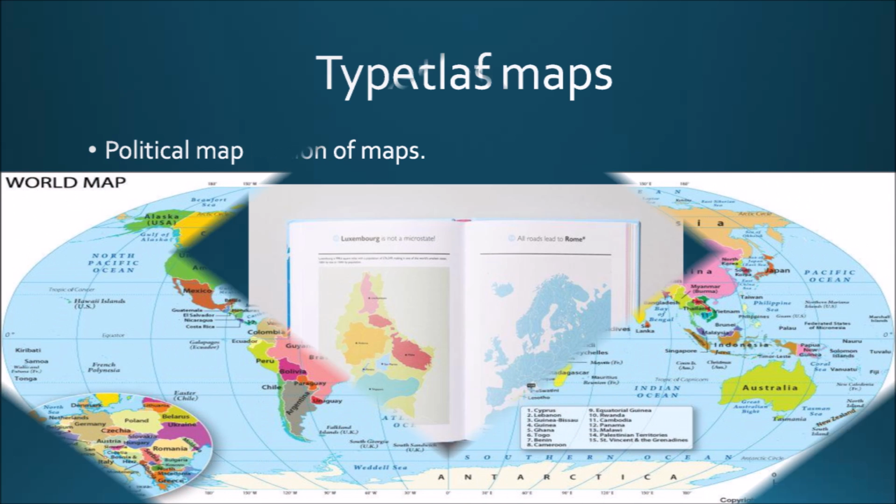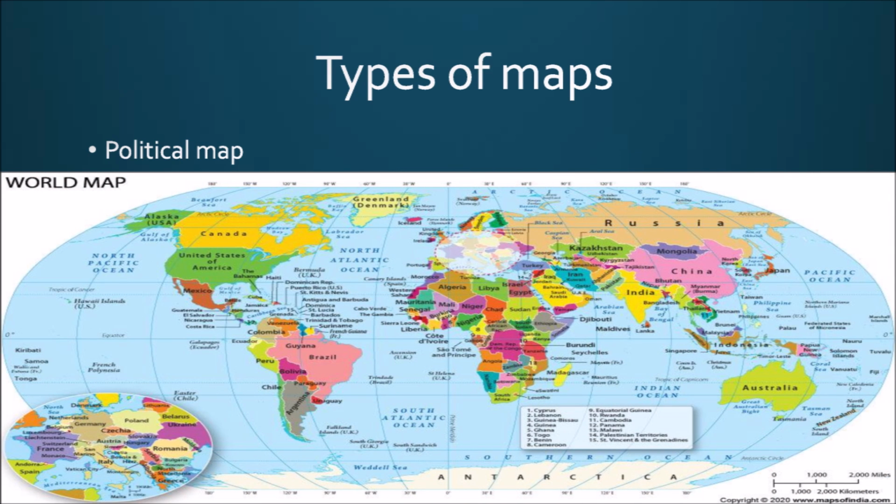Types of maps. Maps are not only of one type, they are of many types. Some give us detailed information about a particular place only, while others tell us about larger areas like a country or state. Some of the main types of maps are political maps.